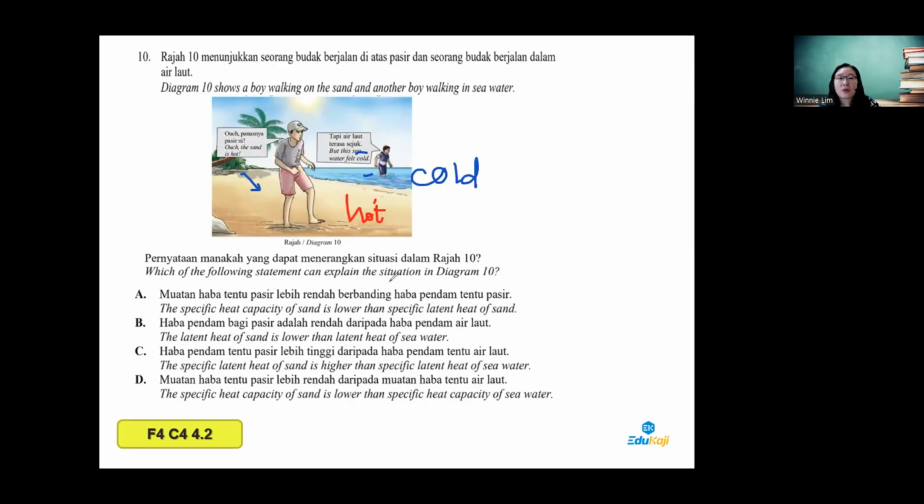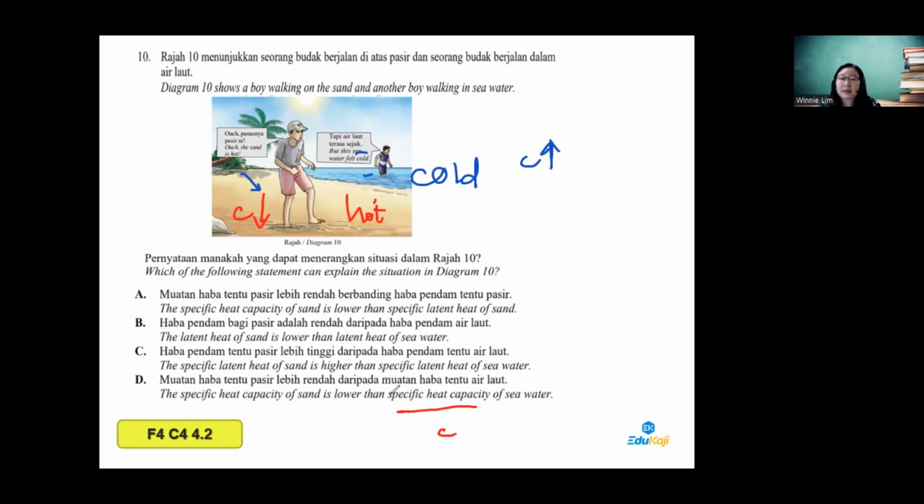Okay, so the short form for specific heat capacity is c. Sand will actually have lower specific heat capacity, but seawater will have higher specific heat capacity, whereby any object that has low specific heat capacity absorbs a little bit of heat, then it can increase its temperature a lot, because the definition of specific heat capacity is what?